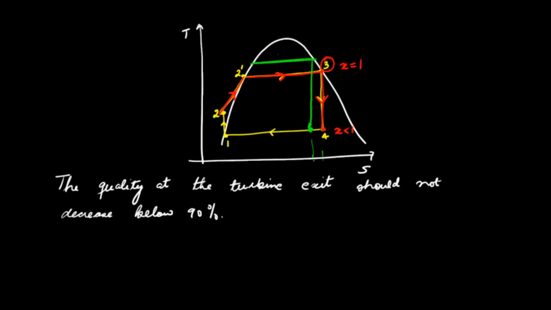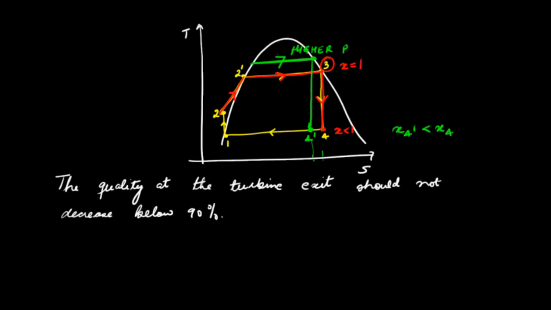So this heat addition is at higher pressure, but because of this shape of the saturation dome, if this steam is expanded isentropically, then the quality at state 4 prime is less than quality at state 4, which is not desirable.